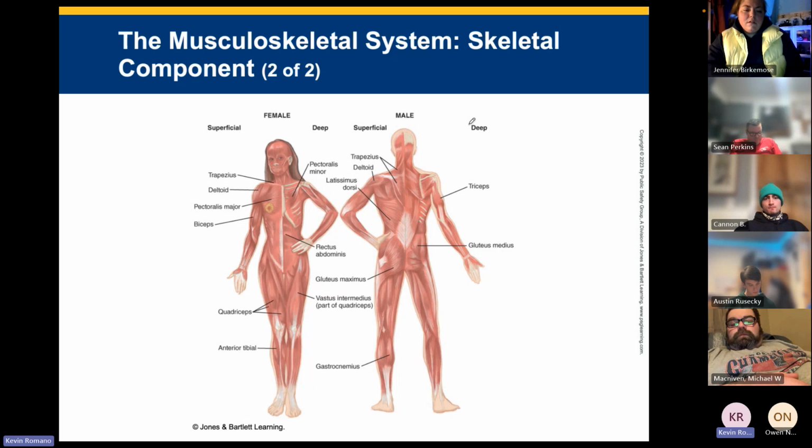Important ones to know. Okay, these are important ones. Right. I'm going to circle them. Deltoid. Right. Gluteus maximus. Quadricep, the thigh muscle. Right. Those are important ones to know because these are where we have potential of giving an intramuscular injection.